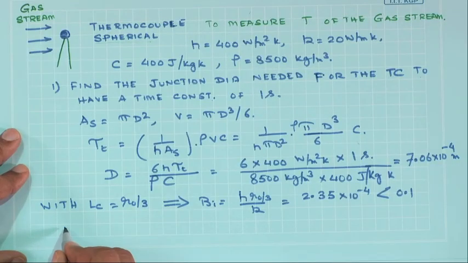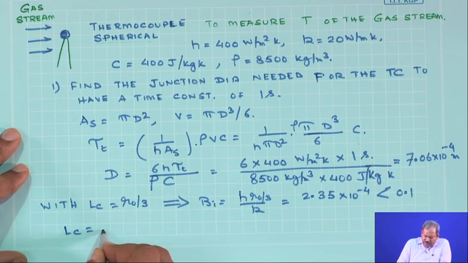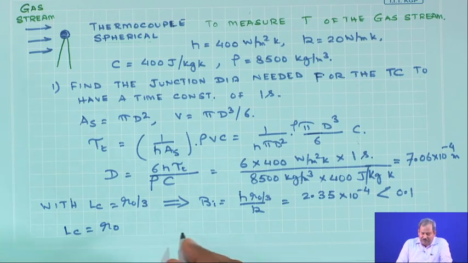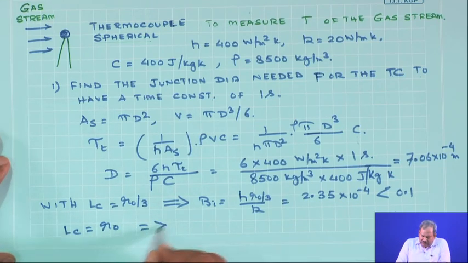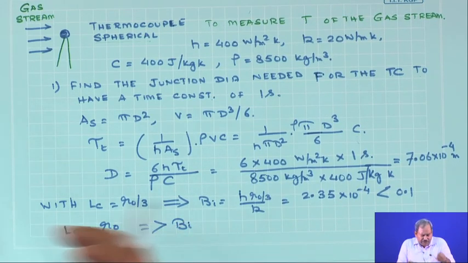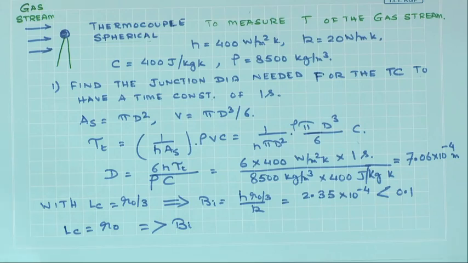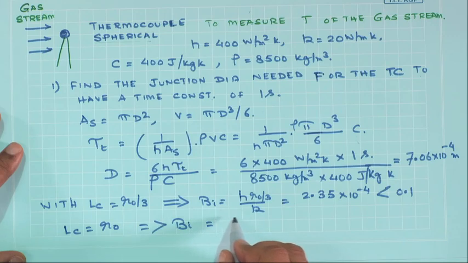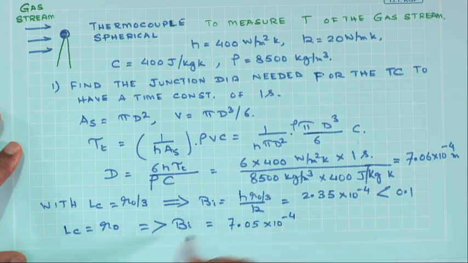So, if I use this L c to be equal not to r 0 by 3, but simply r, this would give a Biot number value equal to 7.05 into 10 to the power minus 4.